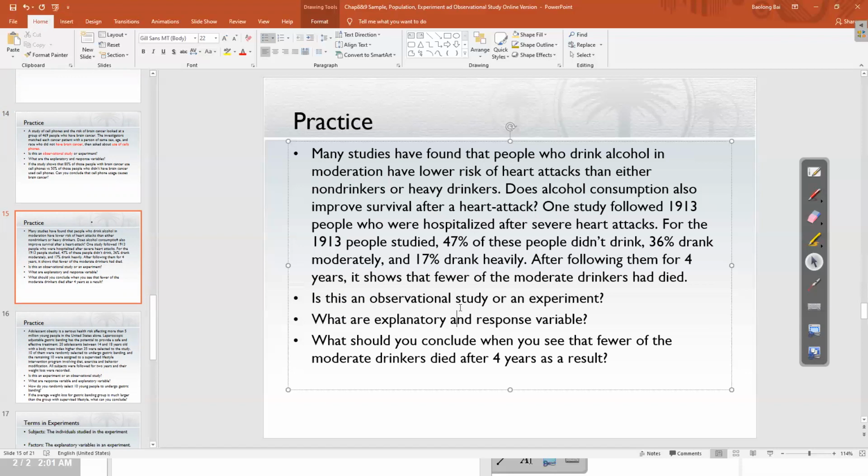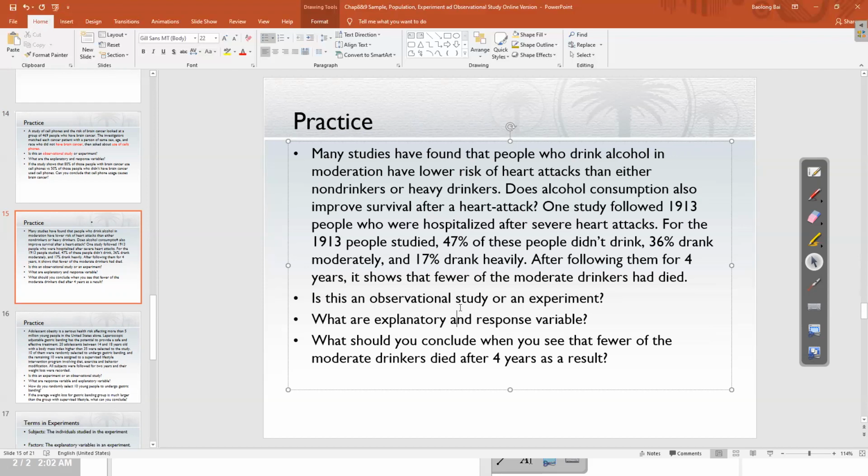So a study followed 1,913 people who were hospitalized after severe heart attacks. For those people studied, 47% didn't drink, 36% drank moderately, and 17% drank heavily. And then they were followed for 4 years, and they basically just checked if they had survived or not. Okay.